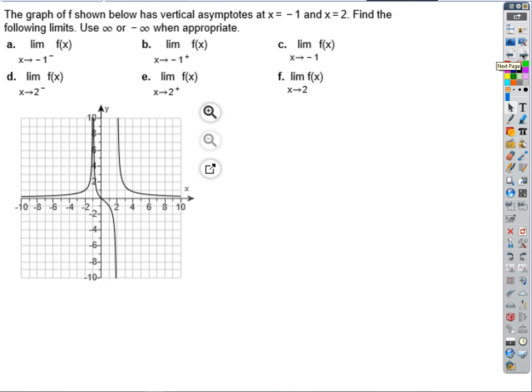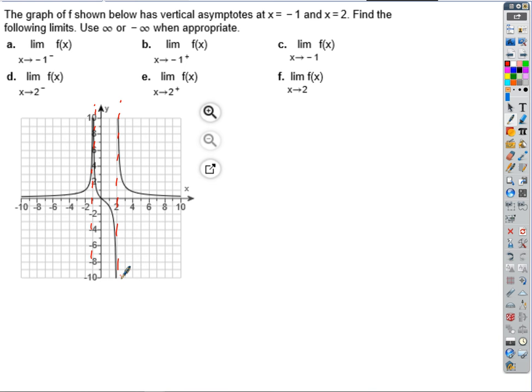Okay, interpreting this graph. We have this graph here. You can probably see that okay. We have asymptotes where? Let's draw those in. Minus 1 and 2. The horizontal asymptote, it doesn't ask about. So what's the limit of f of x as x approaches minus 1 from the left?